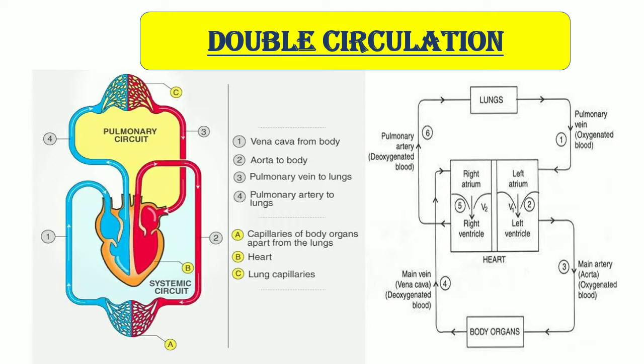The body will utilize the oxygen from the blood, and again the blood will be deoxygenated, and the cycle will repeat again. The heart will pump blood one time to the lungs and one time to the body. So the blood reaches the heart twice.